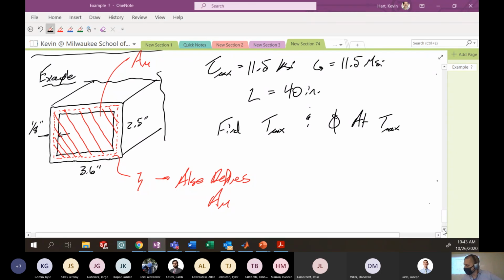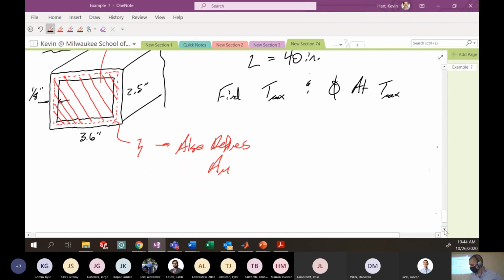Let's do this. The first thing we want to define is this variable zeta. This is the total length of this line here, basically the perimeter of this internal rectangle. The total side length here is 2.5 inches, so one side is 2.5 inches minus 1/8 inch.